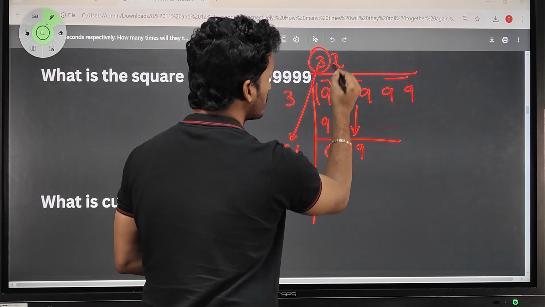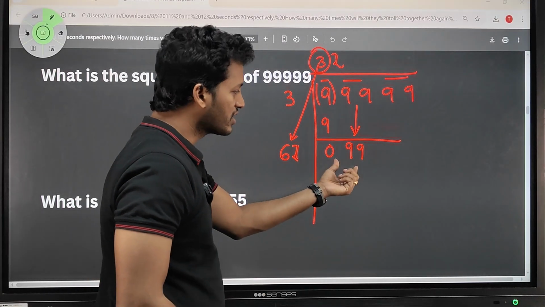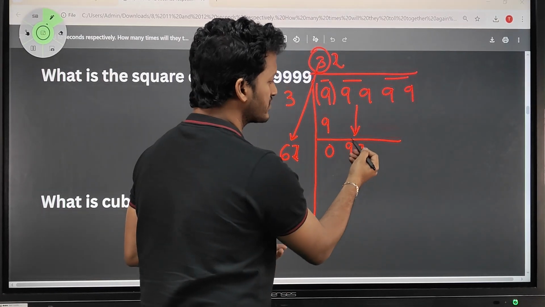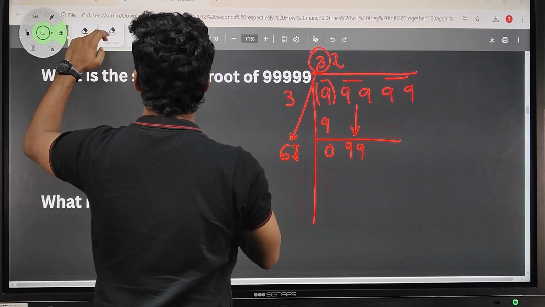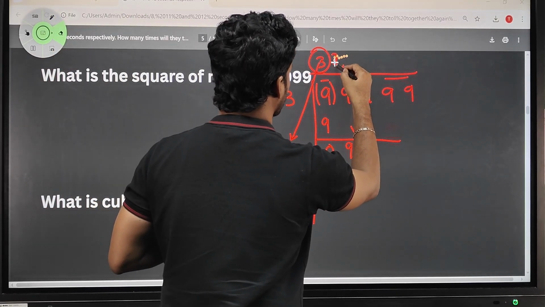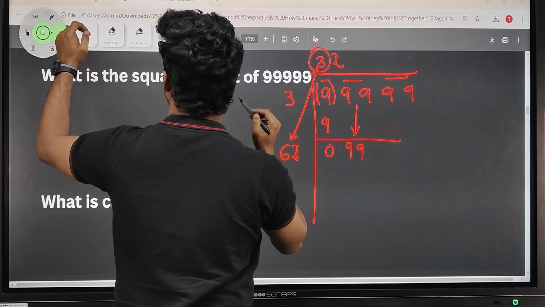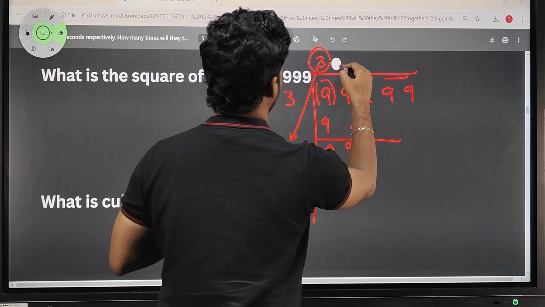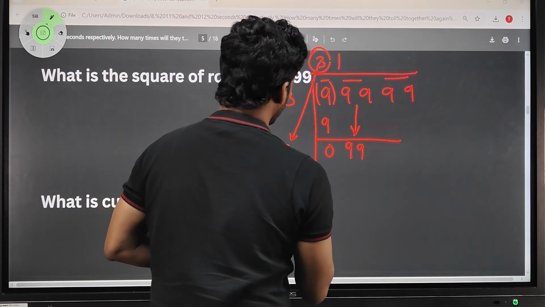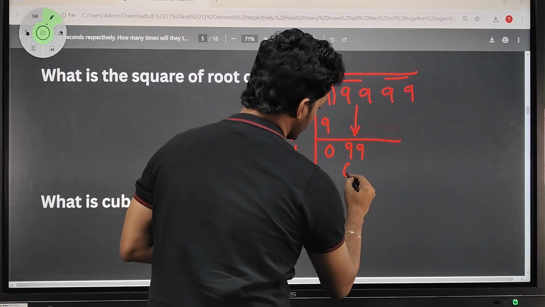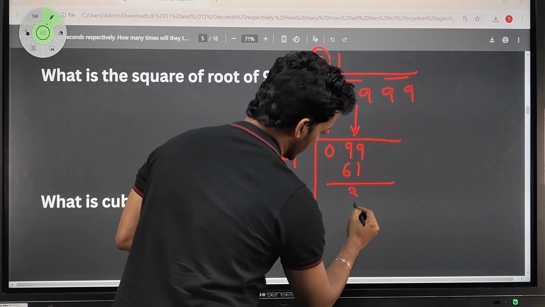If I take 2, I have to multiply 2 and 62, that is 124, which is not possible because my number is 99 only. So I am using only 1. So 1 times 61 is 61. If I subtract 61 from this, it is 38.